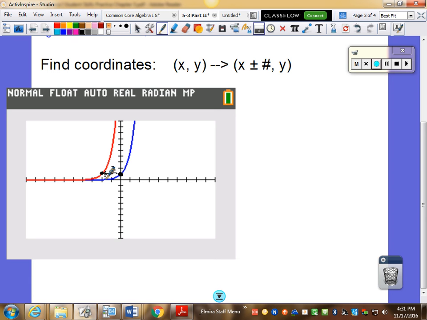So this coordinate right here is (0, 1). This coordinate right here on our new point is (-2, 1). So what changed and what stayed the same? The x value subtracted by 2 and the y value stayed the same.